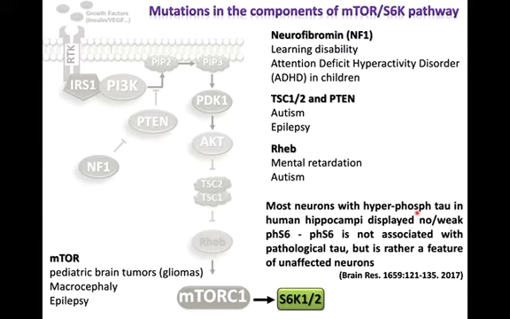As we said before, S6 is a ribosomal subunit that participates in the formation of the ribosome, so it is heavily involved in protein synthesis. The phosphorylated S6 is not associated with pathological tau, but rather is a feature of unaffected neurons. So again, S6K, whether 1 or 2, their main substrate is the S6 subunit of the ribosome.